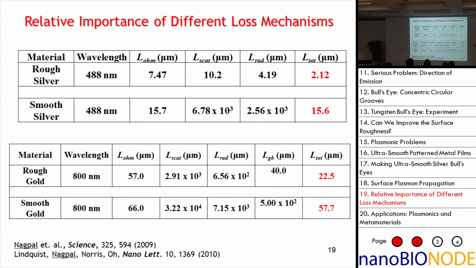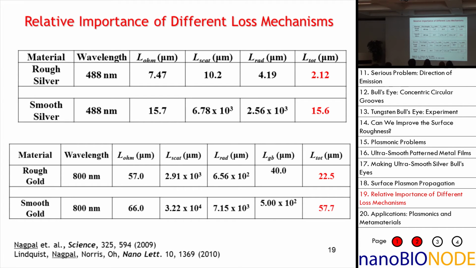But the good part that we didn't really expect at that time was that even the ohmic losses were strongly reduced, and we showed that this really happens because of the annealing, that you're increasing grain sizes and you're even reducing the ohmic losses in the metal.